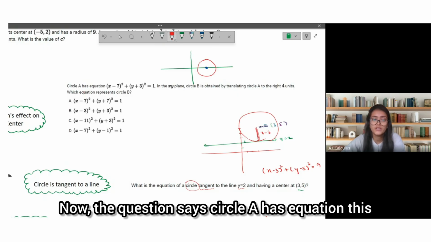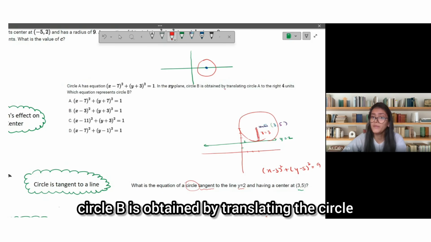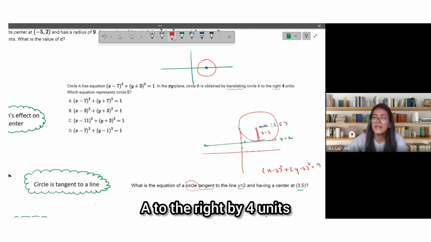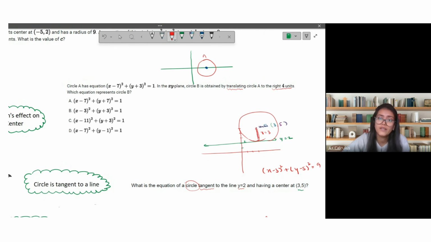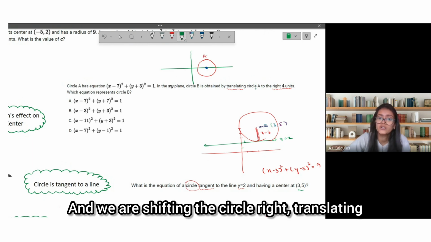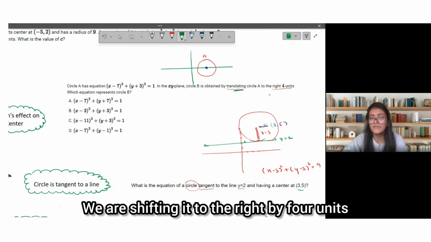Now, the question says circle A has this equation. In the xy plane, circle B is obtained by translating circle A to the right by 4 units. Let's suppose that this is circle A, and we are shifting this circle right. Translating means we are shifting. We are shifting it to the right by 4 units.